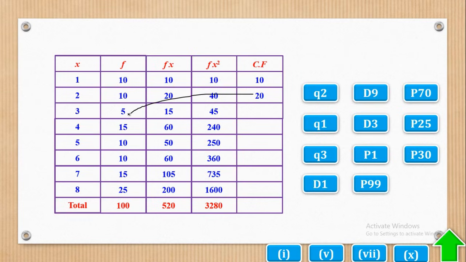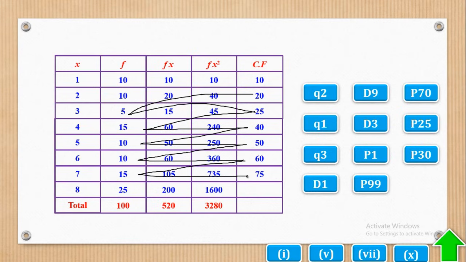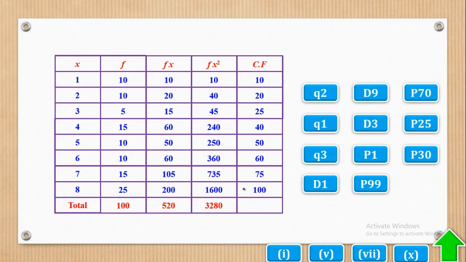Then 20 plus this gives you what to put here. Then this plus this gives you what to put here, and this plus this, and this plus this, and this plus this, each gives you what to put next. So I think you realize that the last value in CF is the same as the value of the total frequency.